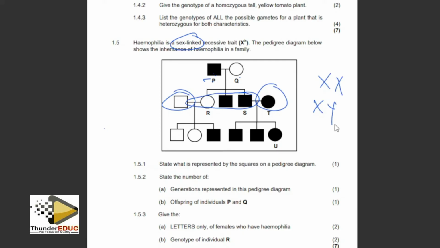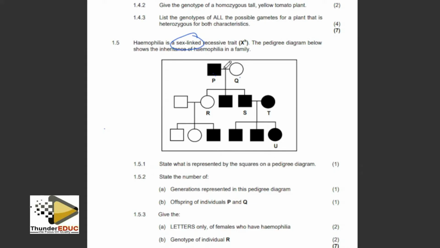You understand? They can ask you what is the genotype or phenotype of P or Q, whatever they can ask. But if it is shaded, it means that that individual is affected. Now, they are saying, state what is represented by a circle.